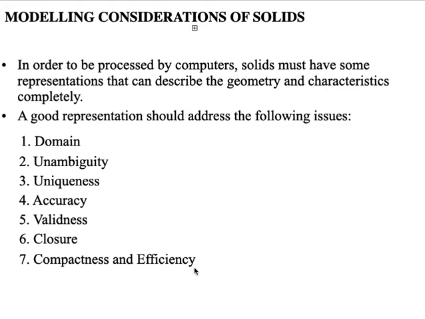A good representation should be compact enough to save space and allow for efficient algorithms to determine the desired physical characteristics. And these issues may be contradictory to each other.